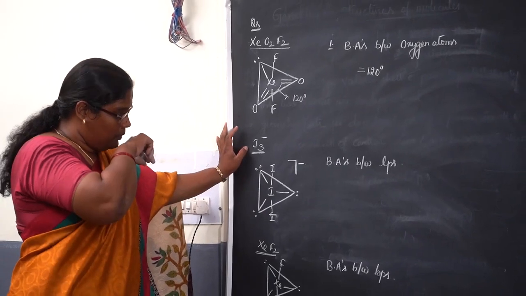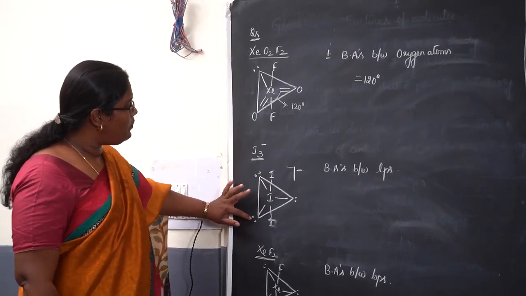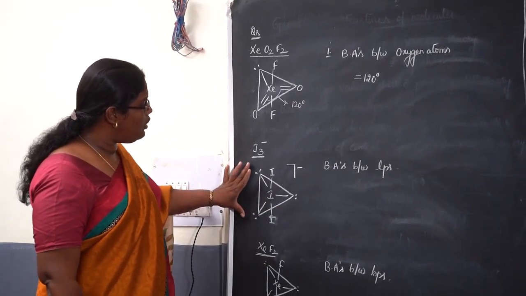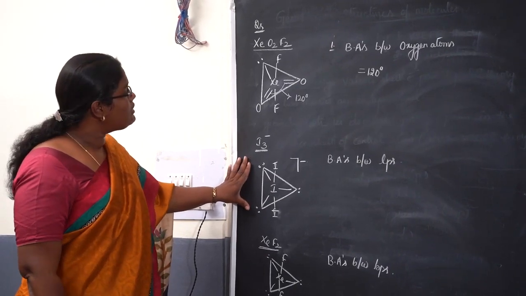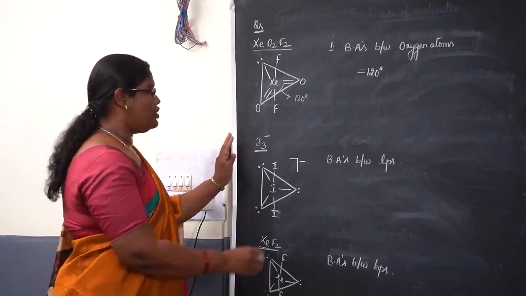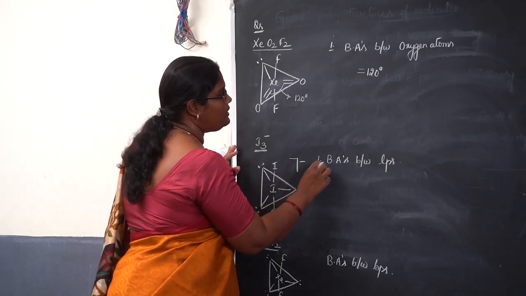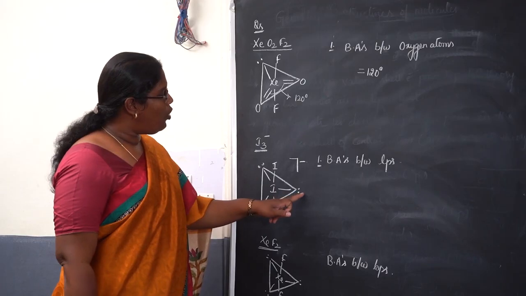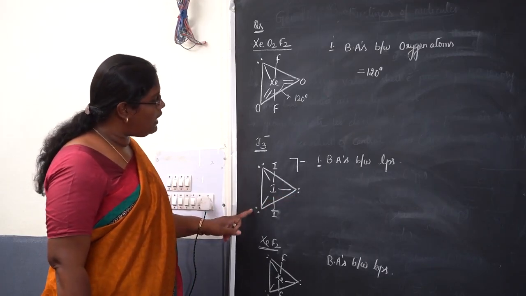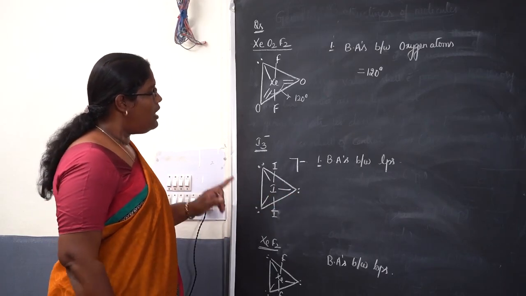I3 minus has 3 lone pairs, so the structure of the molecule is linear. So in this, what are the different types of questions we can get? First one is the bond angle between lone pairs. The lone pairs occupy equatorial positions.